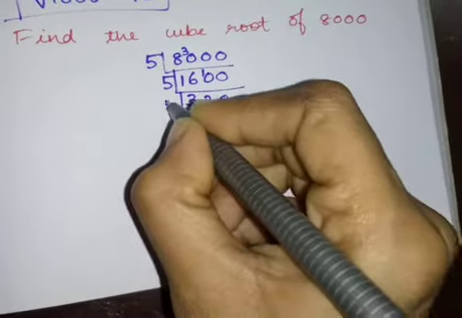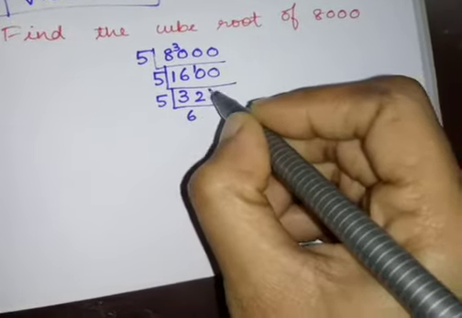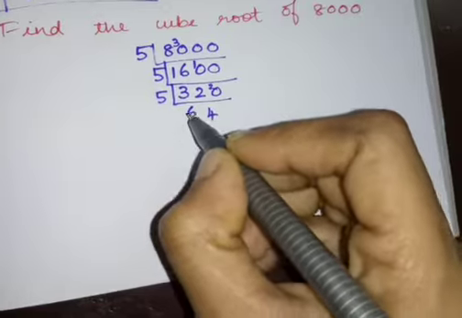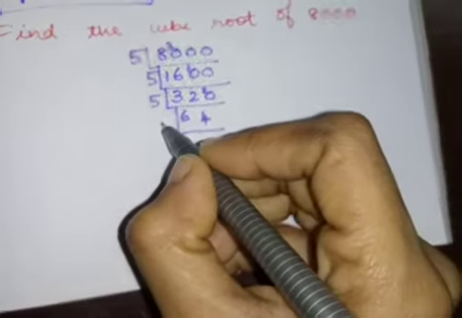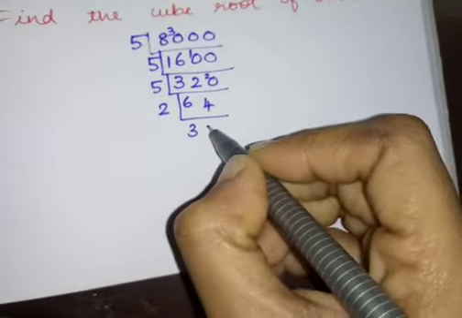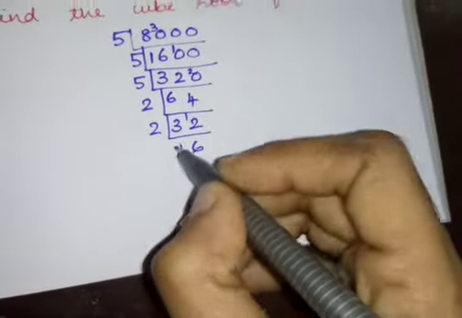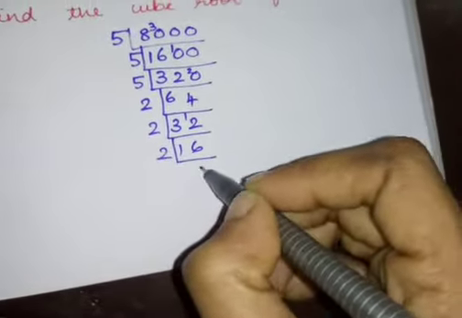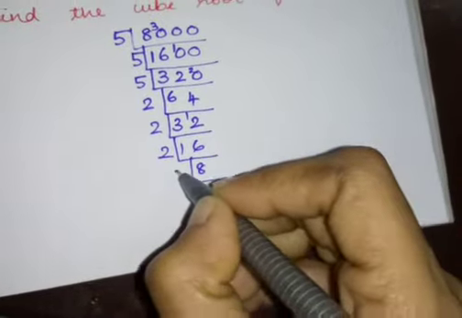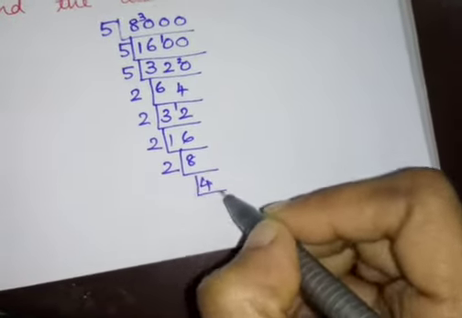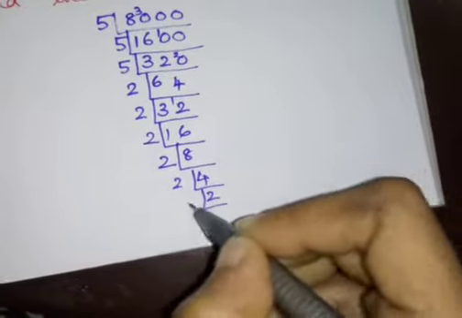Then 5 6s are 30, remainder 2, 5 4s are 20. Then in the 2 table, 2 3s are 6, 2 2s are 4, 2 1s are 2, remainder 1, 2 6s are 12. Then 2 8s are 16, 2 4s are 8, 2 2s are 4, 2 1s are 2.